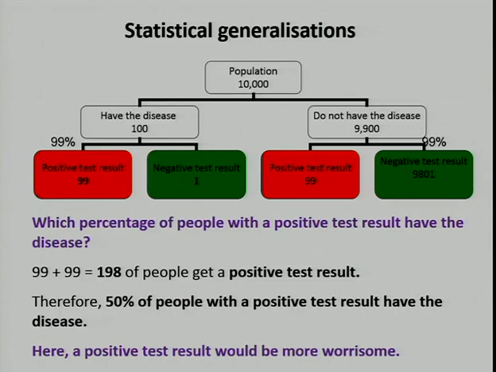And that's just from changing the base rate. So just 1 in 100 versus 1 in 10,000. And if you translate that into that kind of diagram, that's exactly what you get. Yeah? Clear? So that's one way of figuring that out.